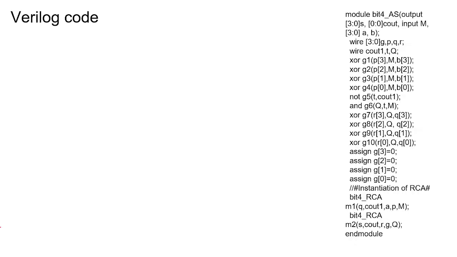Code, maybe we can try executing it using the EDA Playground. So next I'm going to the 2 cross 2 multiplier circuit. For the multiplier we need AND blocks like this.